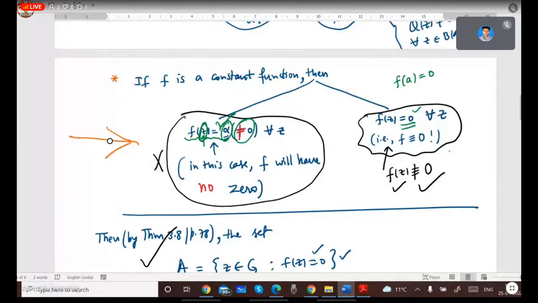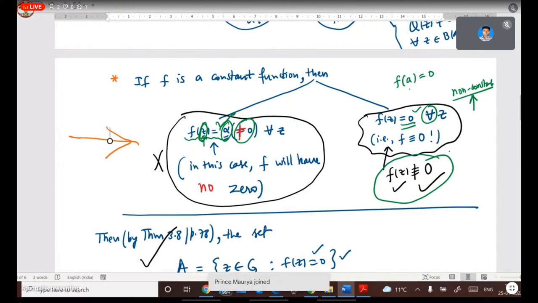Yes, sir. And now, because our function is given to be non-constant, yes or no? Yes, sir. So it can't be zero at all z's, because if it is zero at all z's, then it will be a constant function. That will be a violation of that condition. So certainly our function should be of this type, that it should be possible to have its value zero at some point, while at other points it must be non-zero, because if it becomes zero at all points, then it will become a constant function.